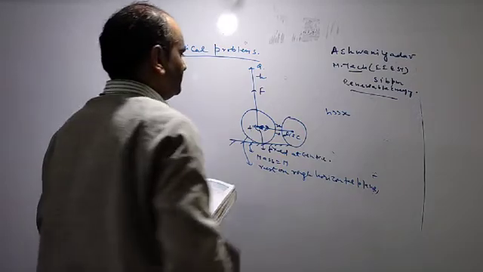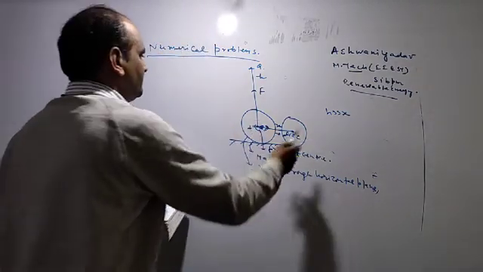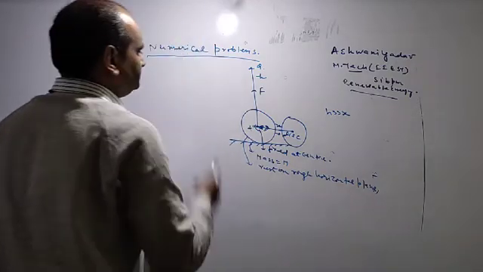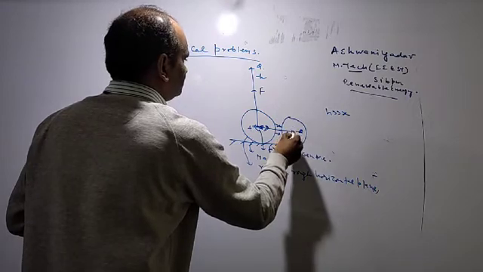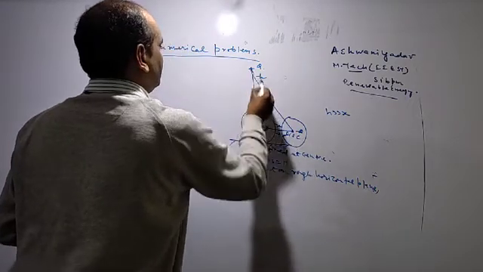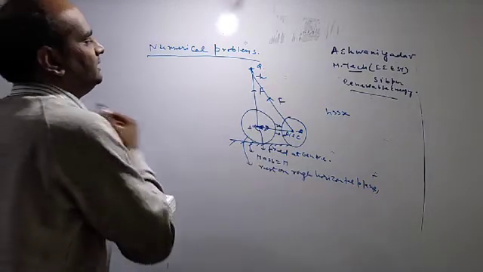I have just done this to make it understood in a better way. This is a negative charge here. So you see this line joined, the force is F, this is the direction of force.